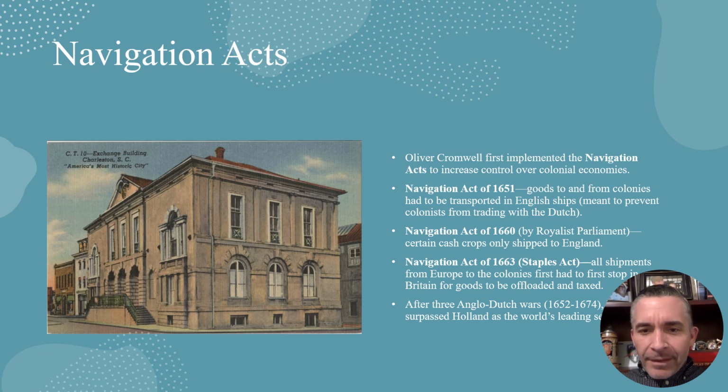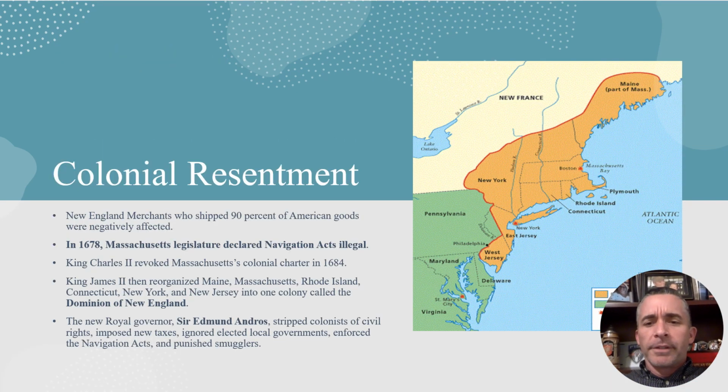So when the Anglo-Dutch Wars were over by 1674, England was the dominant sea power in the world. They had finally surpassed Holland, and you remember that New Netherland had been taken over by Charles II's brother, James II, in 1664. But these navigation acts put a stranglehold economically on American merchants.